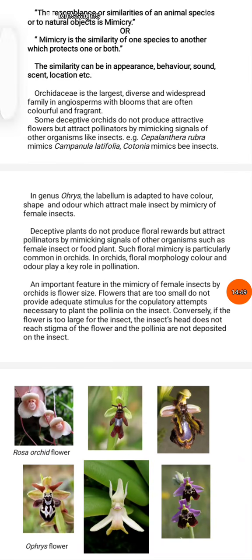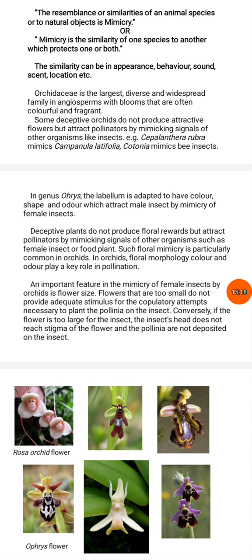When flowers are too small, they do not provide adequate stimulus for the copulatory attempts which are necessary to place the pollinia on the insects. On the other side, if the flower is too large for the insect, then the insect's head does not reach the stigma.